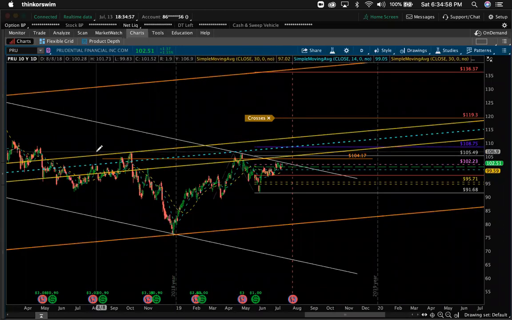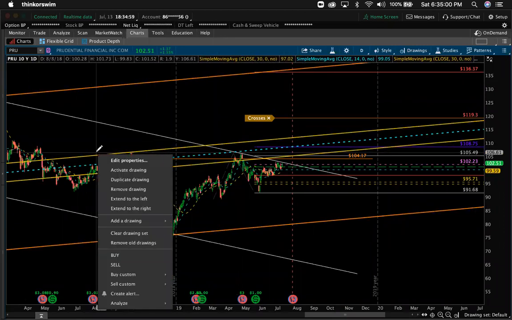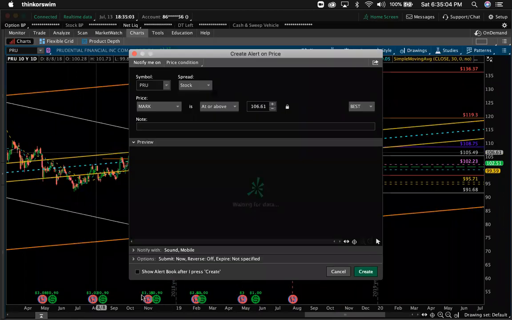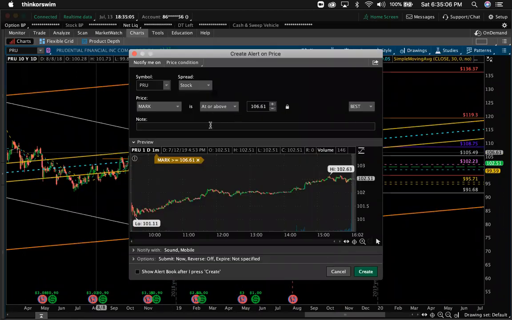I'm going to do it right now. Create an alert. 106.61. I'm going to call this neckline. And I put a neckline trigger. At this moment, we should be getting into the 110 calls for August, or already in it, and we should be scaling out actually.